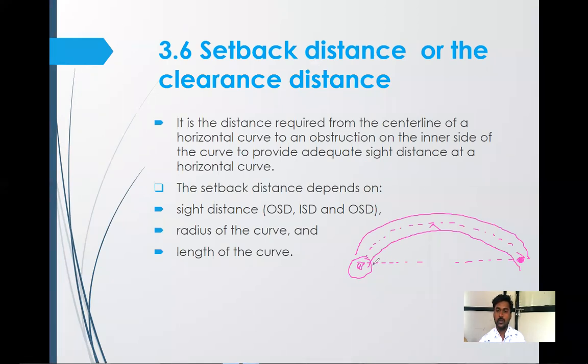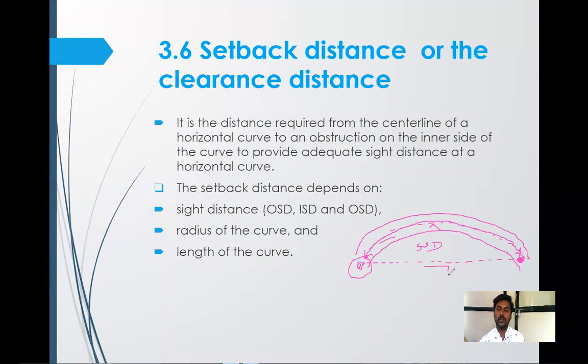See, this is the side of the driver, and if the driver sees the obstruction, he will try to stop his vehicle. So this is the stopping sight distance that the vehicle covers. He requires the maximum stopping sight distance so that the vehicle will not go and strike that object.